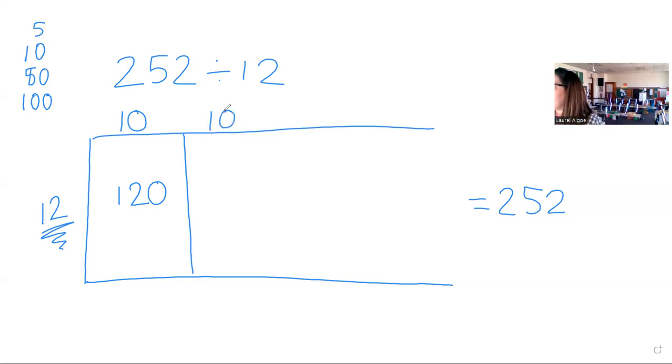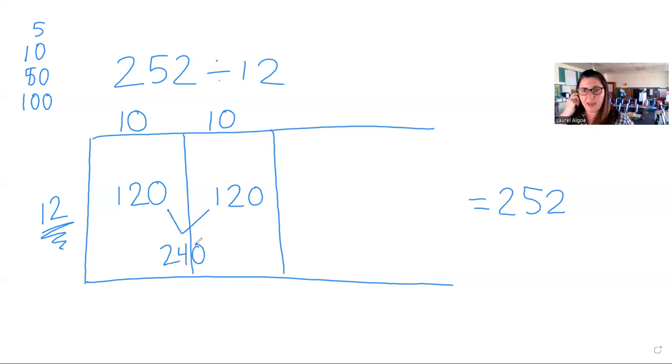So I could make another section of the garden plot that's another 120 square feet. Together right now, I would be at 240 square feet. So I'm having to go back and do some adding. And then I can also now compare again to 252. Well, I see that I'm only 12 away.